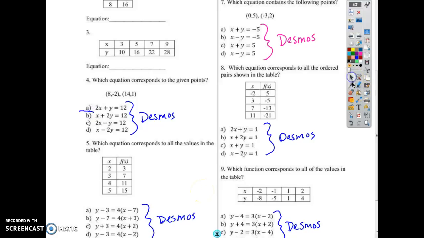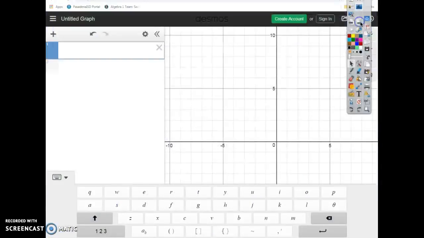And I need to check to make sure that it gives me this table, which is 8, negative 2, and 14, 1.